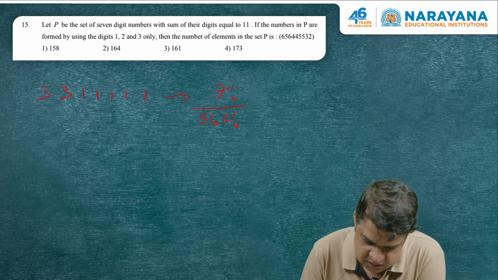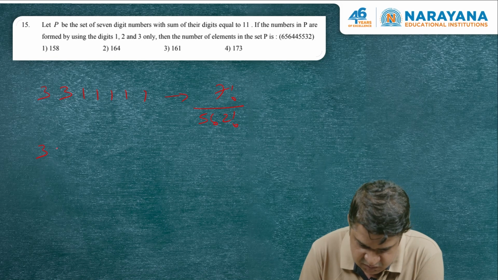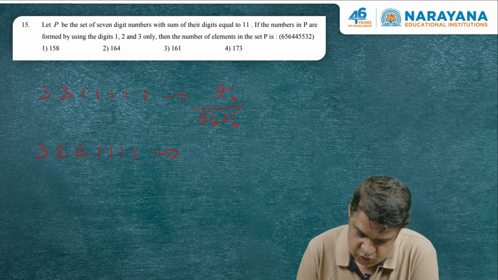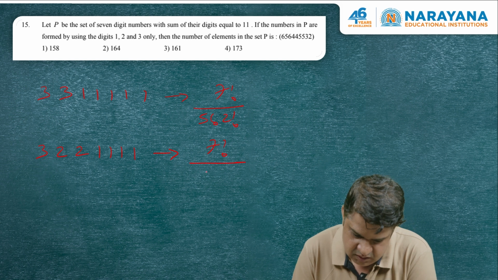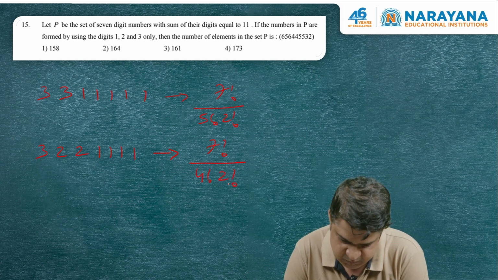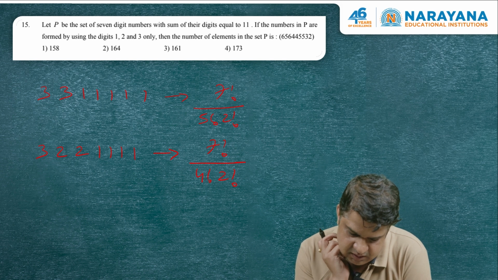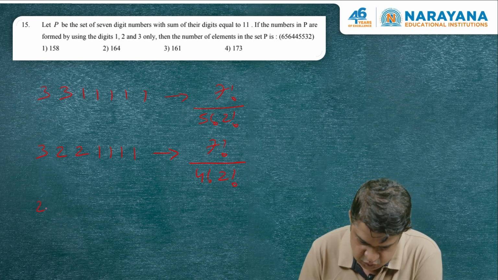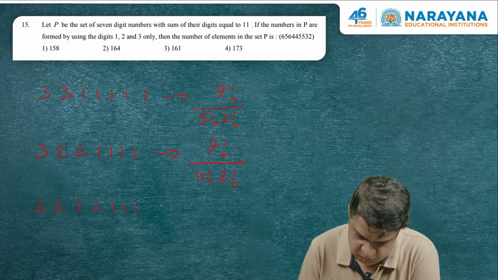Now, if we convert 1 three into 2, it will become 3, 2, 2 and 4 times 1. So, now it is 7 factorial by 4 factorial 2 factorial. And one more possibility is to convert this 3 also into 2. So, it is 2, 2, 2, 2, 1, 1, 1.